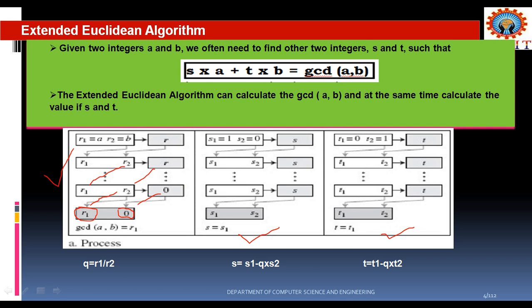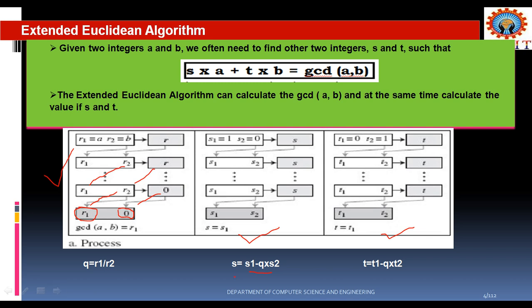To find the s value, initially assume s1 equal to 1 and s2 equal to 0 as initial values. Then s is equal to s1 minus q into s2. By using this formula, find the s value.